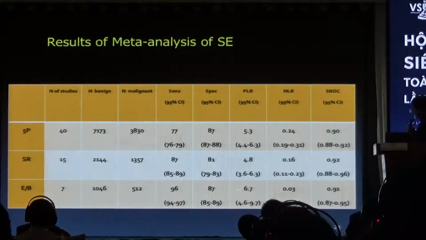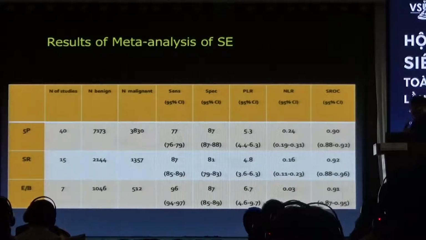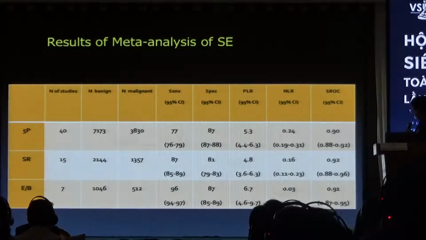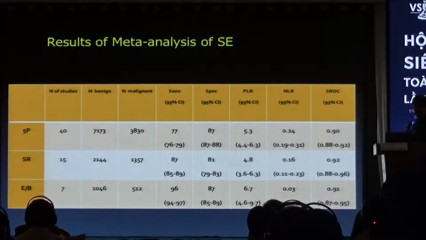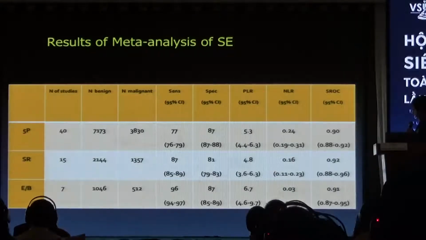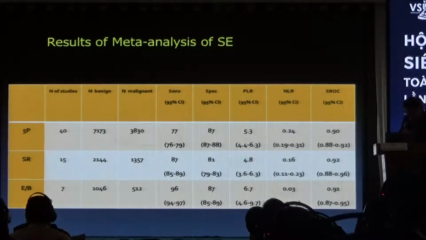You can see that for the E to B mode ratio, it is 0.03. What that means is if you have a negative test, you can downgrade lesions. Mathematically, we could downgrade a lesion that based on BI-RADS had a probability of 50% of being malignant and drop that down to 2%. So we could downgrade even 4Bs using this technique. This is a very important number, and we should have that out in press shortly.